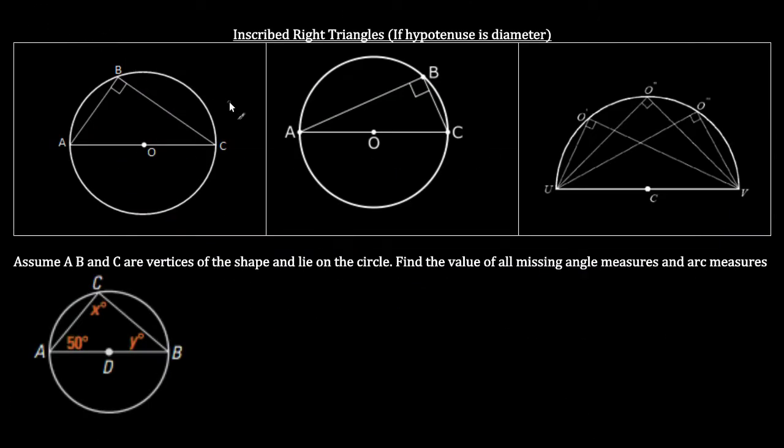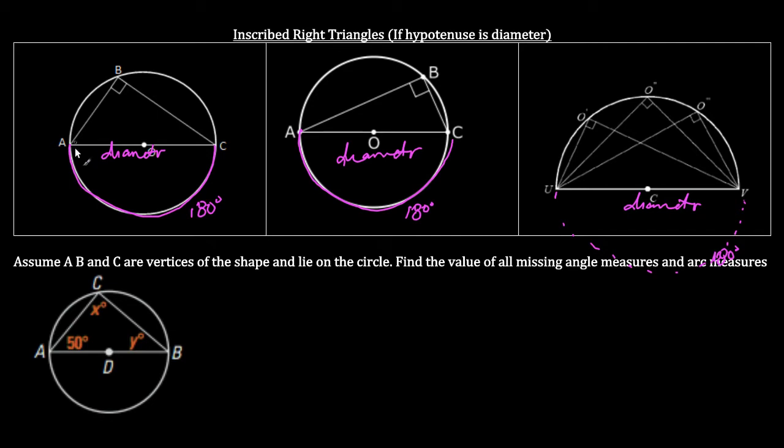So let's say we have a circle. Let's say we create a triangle using a point on the circle and the diameter. This is the diameter. Now, if this is the diameter, that means this arc, or the arc that would have been there, is 180 degrees.